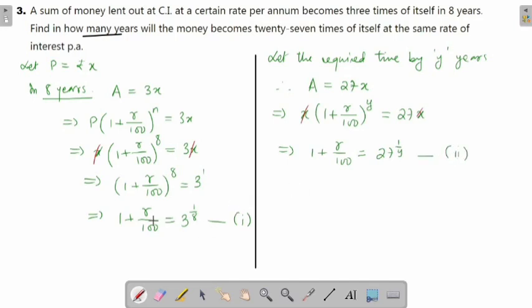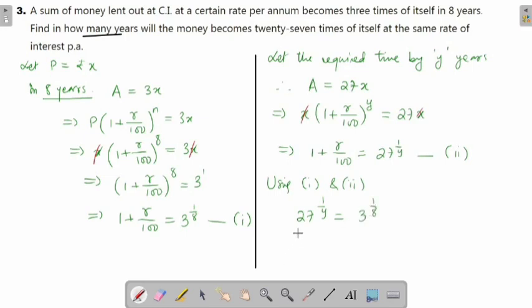Now see, the left hand side here and the left hand side there: are they the same? Yes. So using 1 and 2, since the left hand sides are equal, the right hand sides will also be equal. So 27 to the power 1 by y will be equal to 3 to the power 1 by 8. That's for sure.